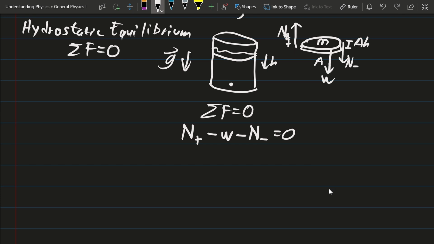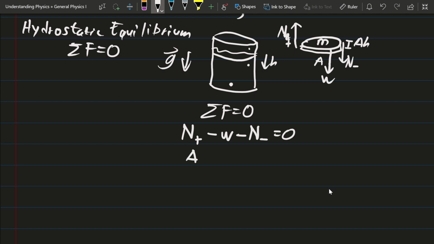From here, I will state that the change in the normal force is the normal force from the negative side subtracted by the positive side. Why is that? Well, it is because of the way that I will define h. The h is going down, which means that I will compare the one from the bottom and the one from the top. From the bottom side, it will be the normal plus.